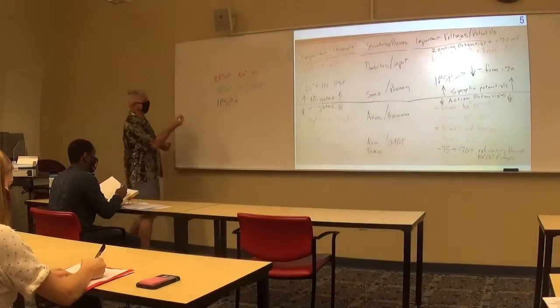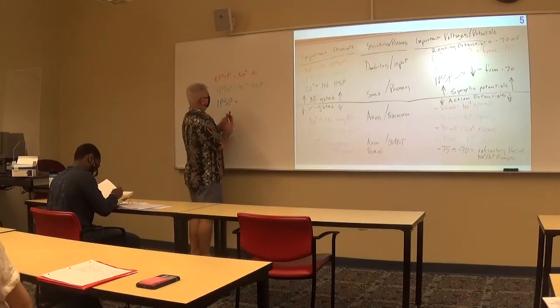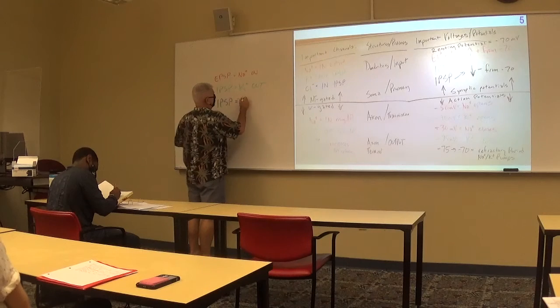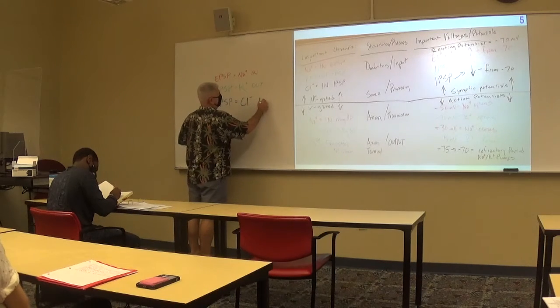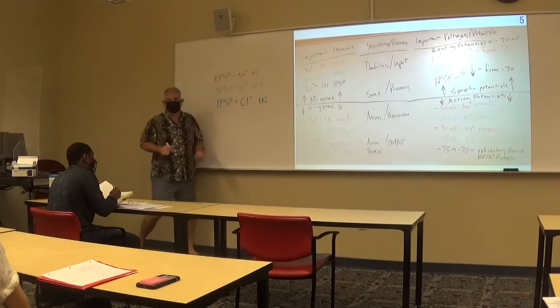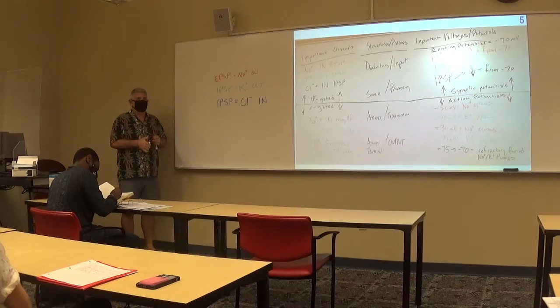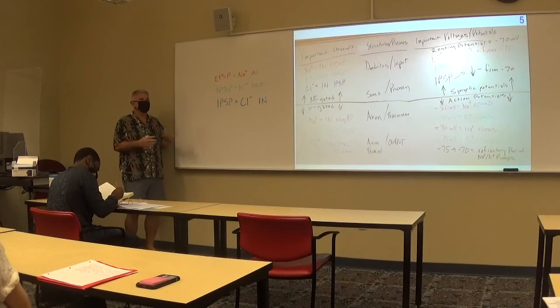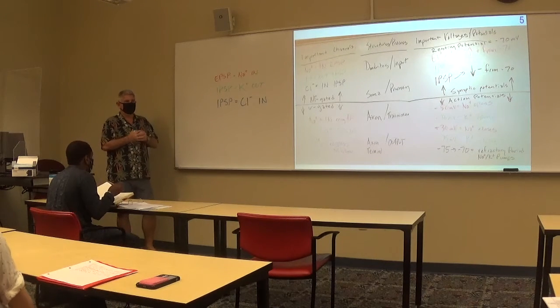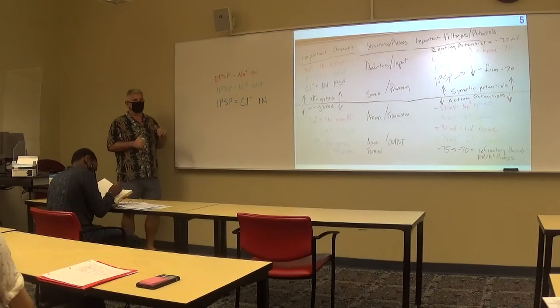And then finally, the last type of IPSP is chloride, which is negative. If the main chloride channel is a GABA channel, so the neurotransmitter GABA activates the receptor, then chloride is going to come in, and that's going to make it more negative and inhibitory.